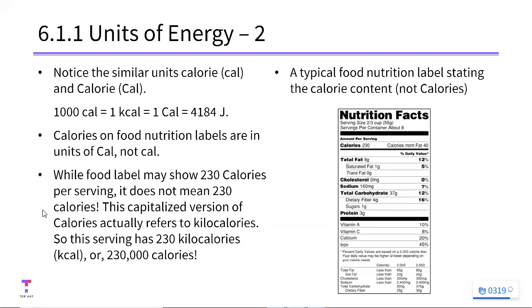Now, how do we get to the 230 on the food label? That's based on a calculation. Each gram of fat takes 9 kilocalories to burn. Each gram of carbohydrate or protein takes only 4.